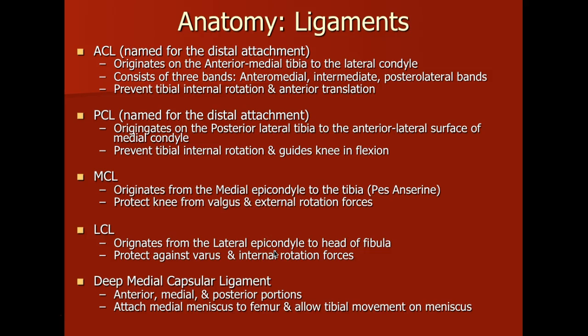One of the things to note, and we might come back to this later, is that the ACL is going to be most at risk when the knee is externally rotated and you have a valgus force striking it. Basically, you have a player that is running and then plants and tries to pivot. Let's say it's their right knee: they plant their foot and try to turn to their left, especially when athletes are wearing cleats and are on grass.